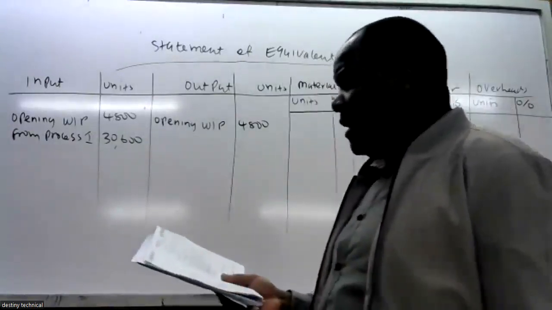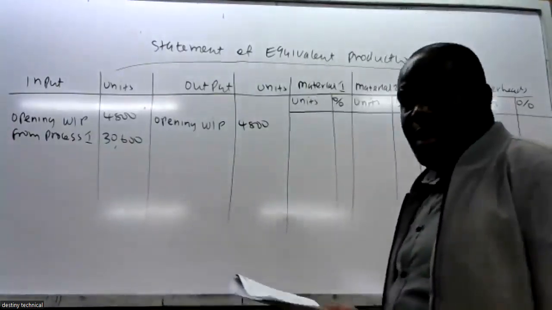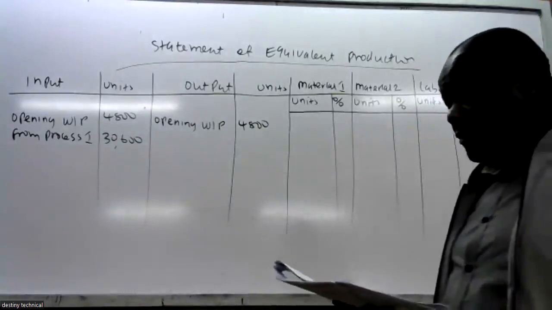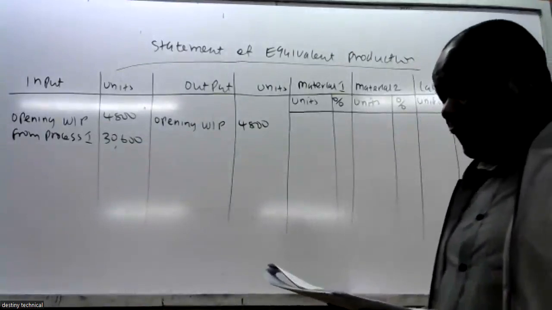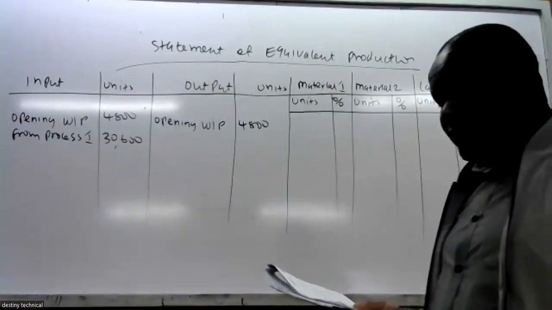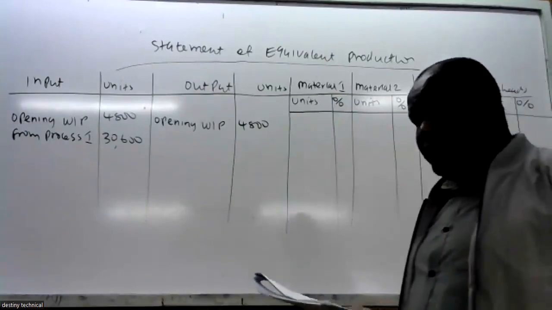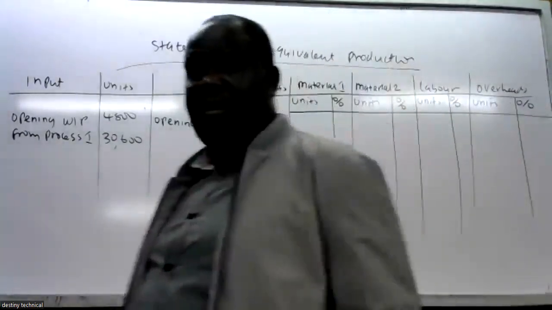When you check under the degree of completion of the opening stock of the work in progress, they have given you 70% for material, labor is 60%, overhead is 16%.